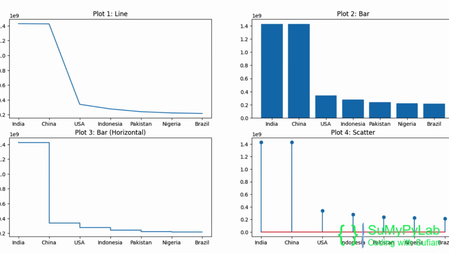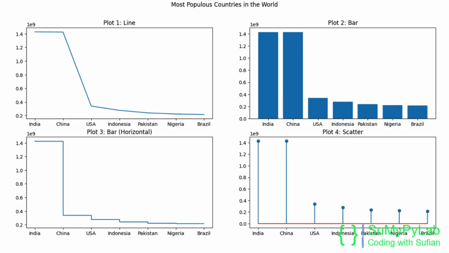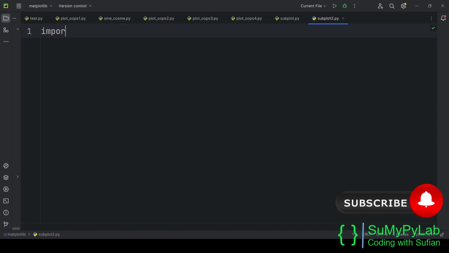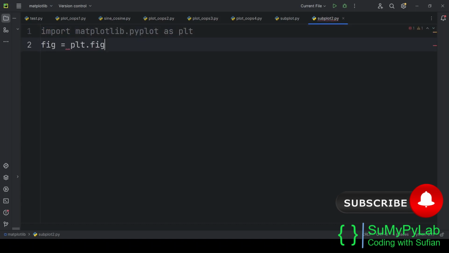Now let's try to create the plots as shown on the screen. The code is intuitive, just follow me along while I code. Notice the comment lines carefully for explanations.